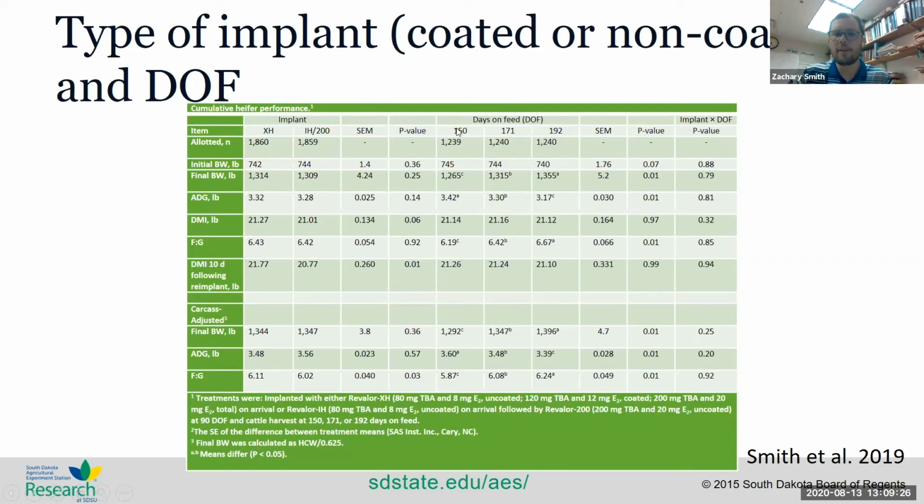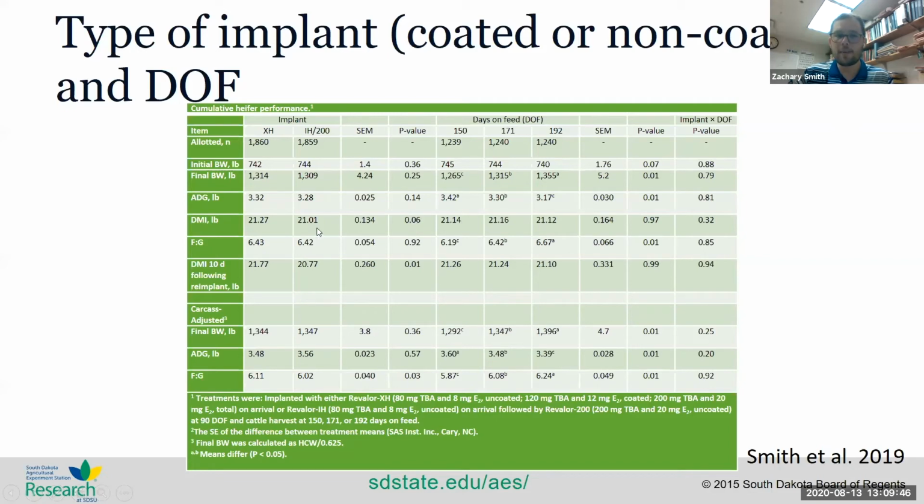So they determined that these heifers were going to be finished at 150 days on feed, but they then continued to feed a group of the heifers for another 21 days and an extra 42 days to harvest them all. There is no interaction, so we just take a look here at the main effects.